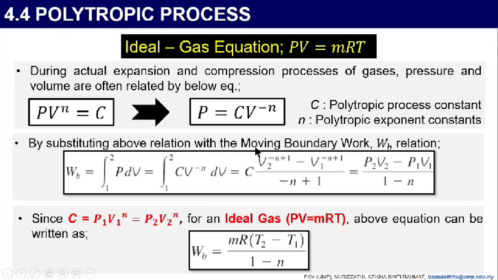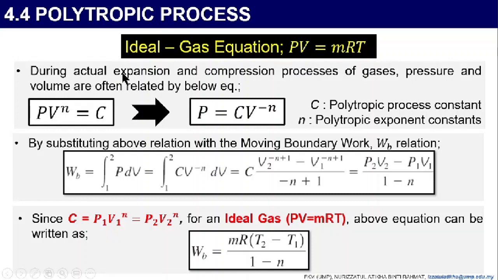Alright, now we continue on chapter 4 by explaining about process. There are several types of process. First, we have polytropic process. I believe you already know in chapter 3 we discussed the ideal gas equation, PV equal to MRT.